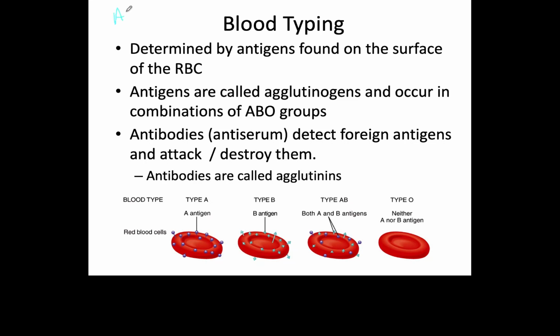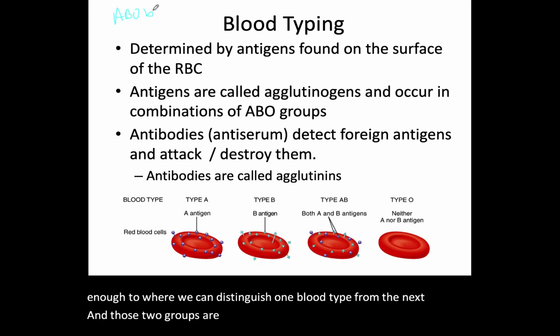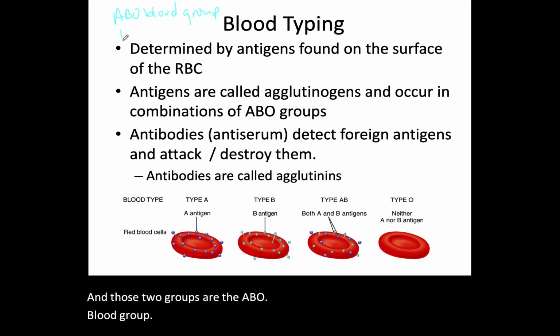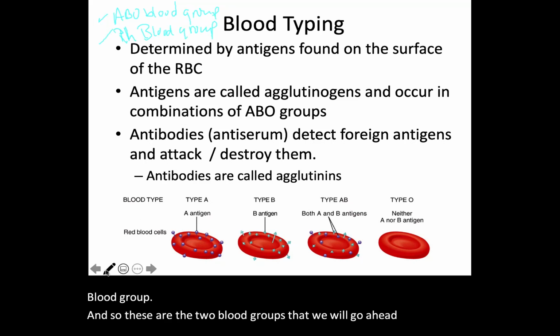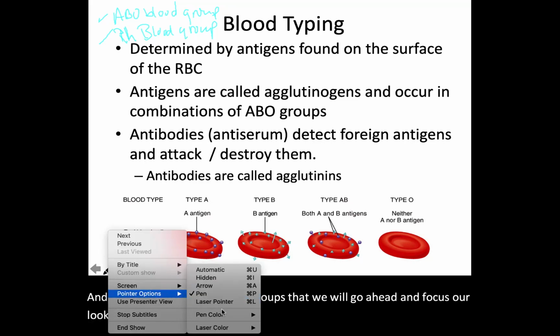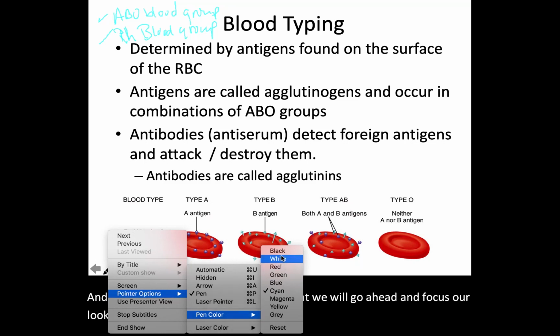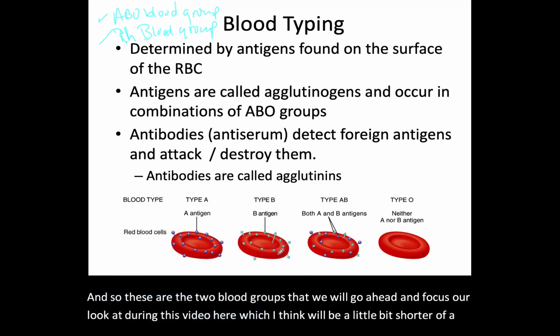And those two groups are the ABO blood group and the Rh blood group. And so these are the two blood groups that we will focus our look at during this video here, which I think will be a little bit shorter of a video for us.